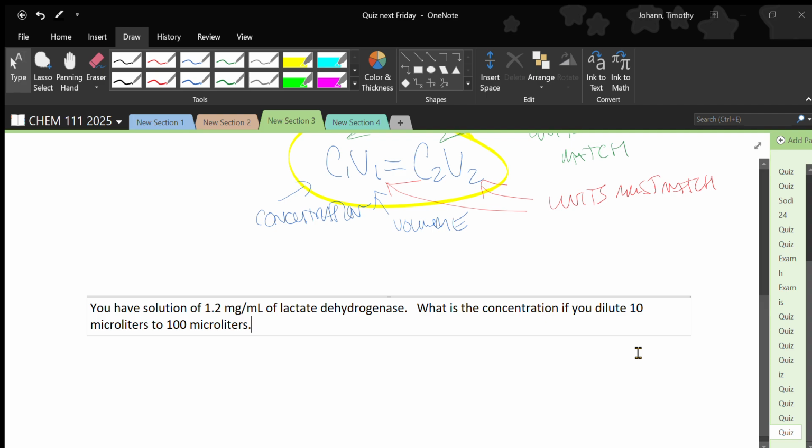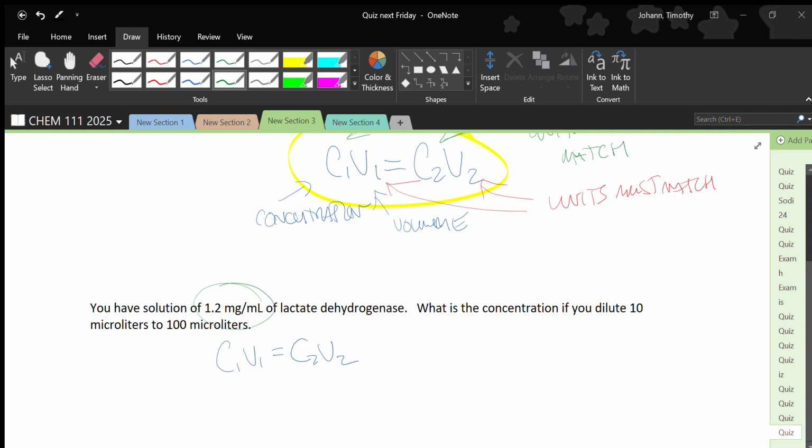All right, so we've got a solution here. We've got a concentration here that's different, right? We've got microliters. We can turn that into liters, but we don't need to, as long as both of our volumes are in the same units. So the way I would set this up with C1 V1 = C2 V2, I have this is my concentration, right? What volume does that go with?